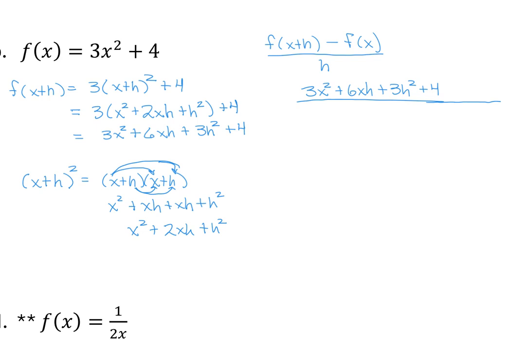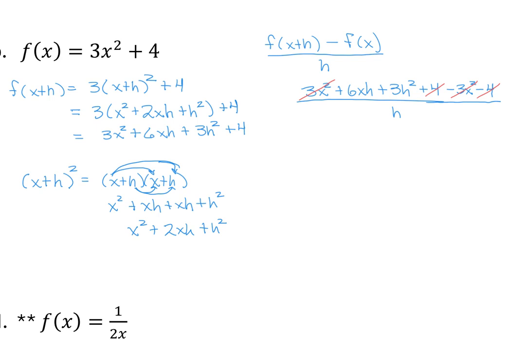So if we distribute the negative, I want to subtract 3x squared, and I want to subtract 4. We have our h on the bottom, and then we want to cancel like terms in the top. So our 3x squareds cancel, and our 4s cancel. Everything in the f of x should cancel out.